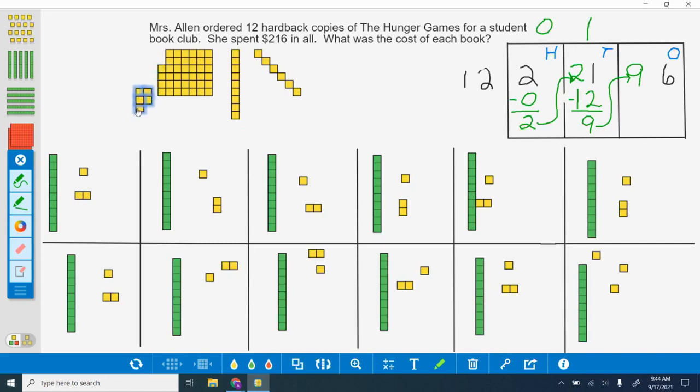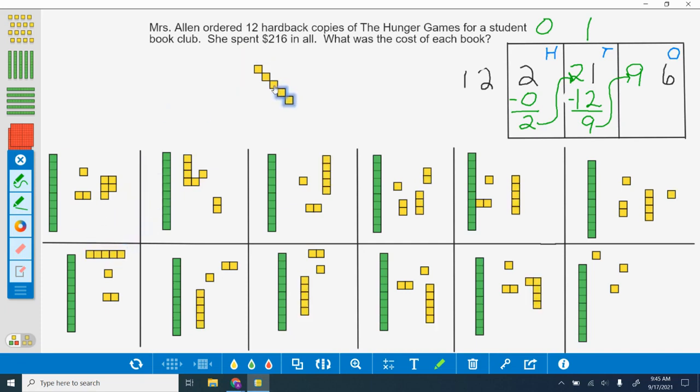I'm going to try to place 5 in each. And if it's too many, I'll just put some back. All right, we were able to place all of our ones into 12 groups.